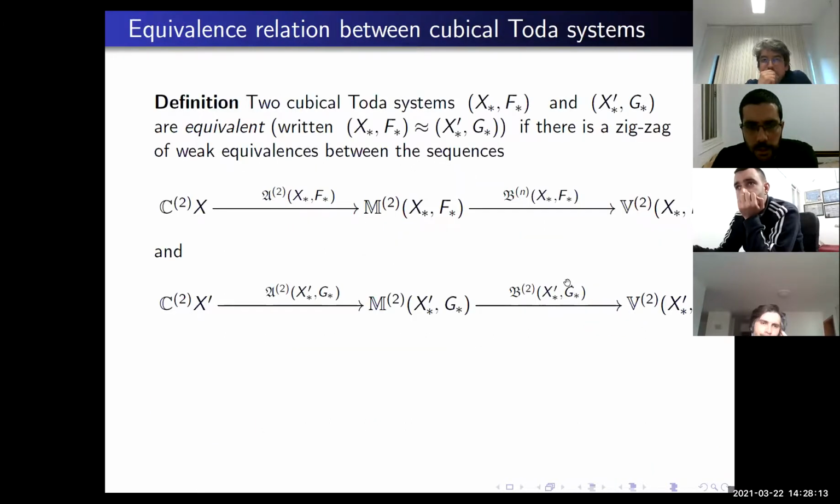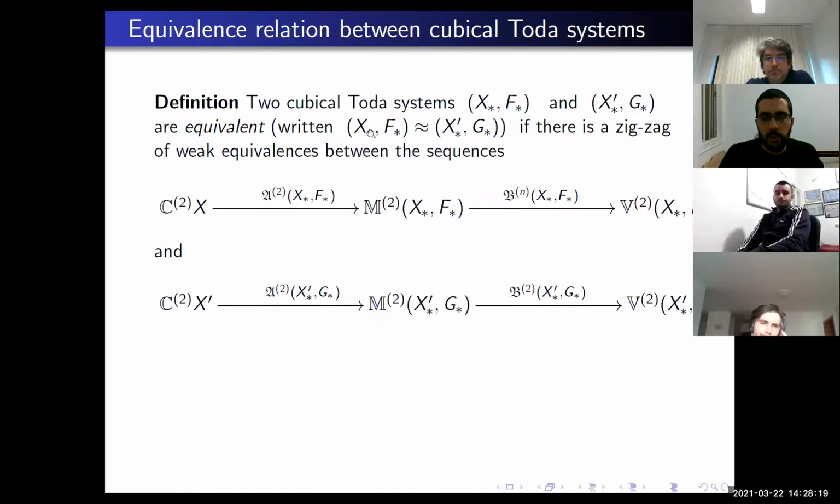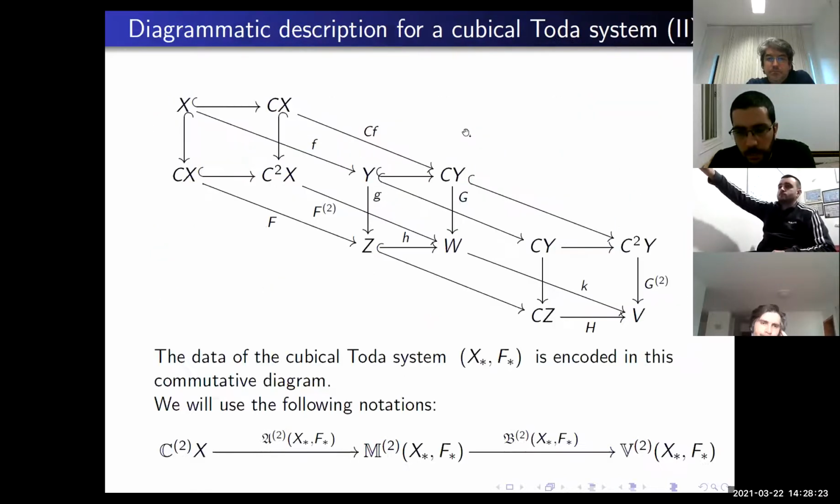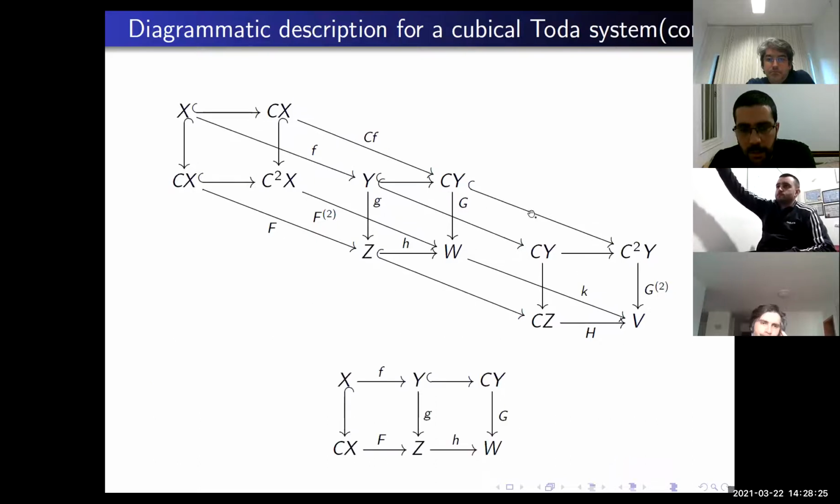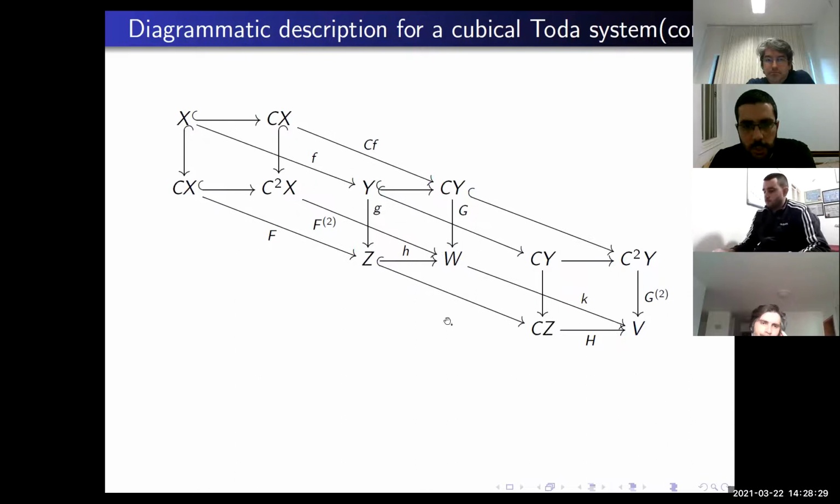but now I want you to remember, because now we can define the relation between Toda systems. Now we can define it because I encoded all the Toda system in a diagram. So here I have one Toda system. I can have another Toda system, not the same maps, not the same null homotopies.